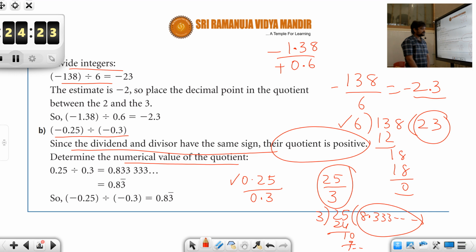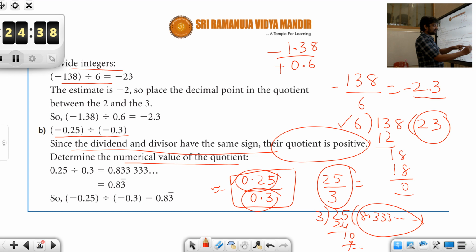Here we have got 25 by 3 as 8.33. If your compatible answer is also near 8.33, then leave the decimal point like that. In case your compatible answer is somewhere between 0 and 1, move this decimal point by one place. If it is less than 0.1, move it by another. So try this.